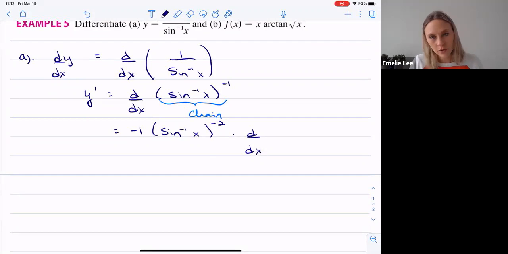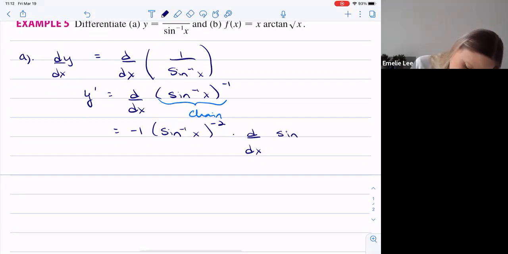You could just jump straight to that 1 over root 1 minus x squared, but I'm going to hold up here with sine inverse of x.